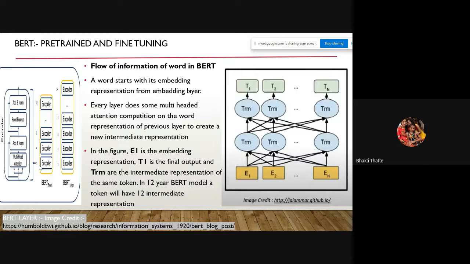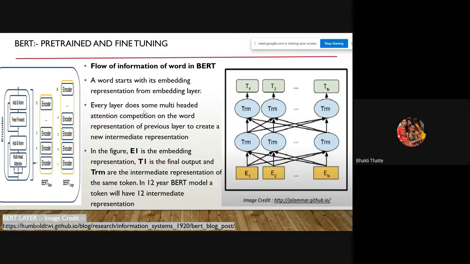So BERT base has 12 encoders and BERT large has 24 encoders. So let's see how information flows in the BERT model. A word starts with its embedding representation from the embedding layer. So this is the embedding layer, the entry point of starting the embedding.